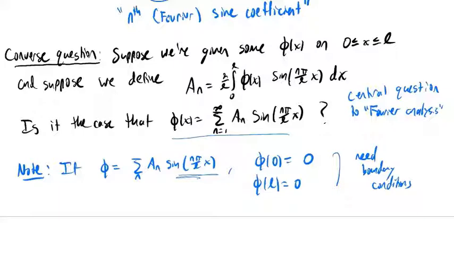We're going to start reviewing this and maybe finish up the discussion in the next lecture. So the next thing I want to talk about will be cosine series and something called the Neumann boundary condition.